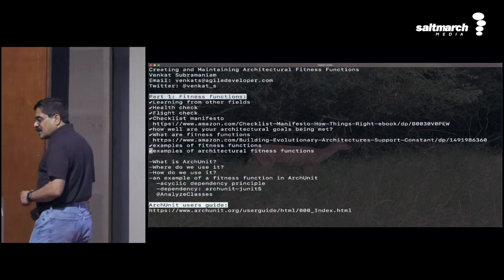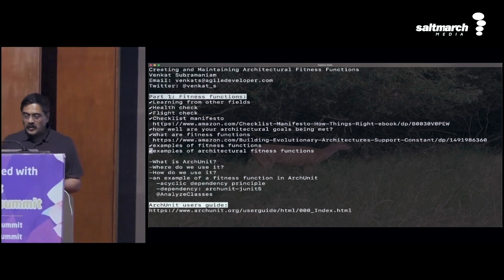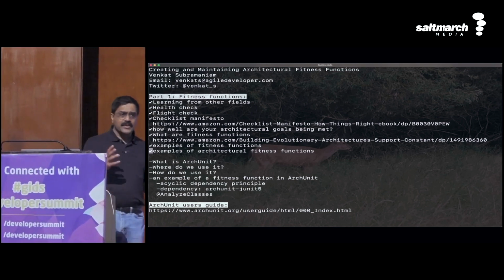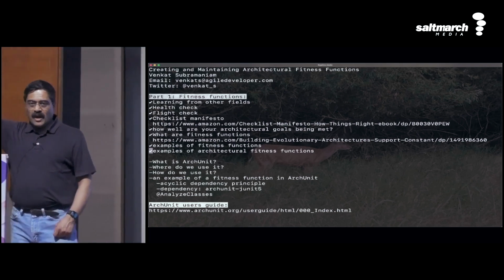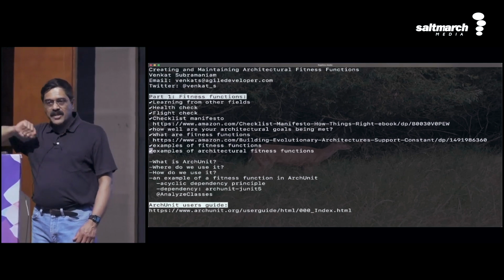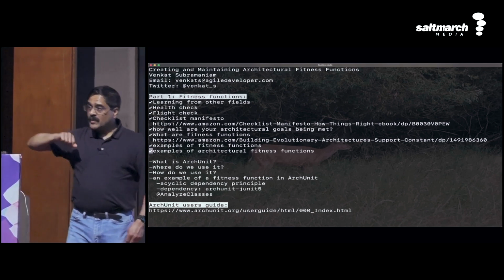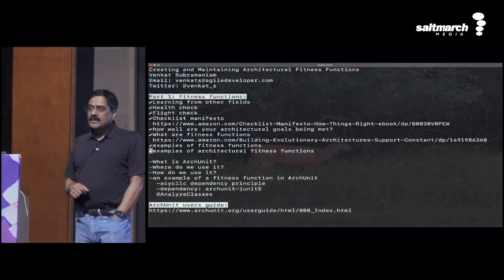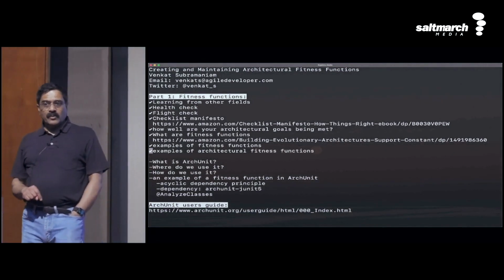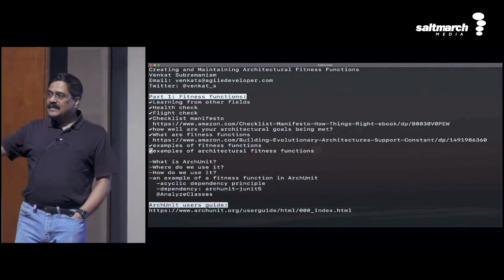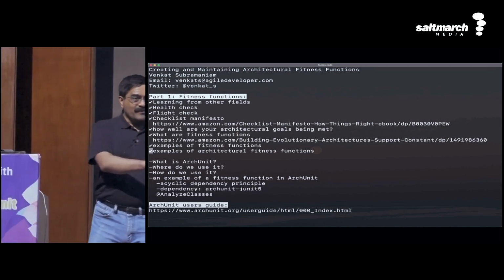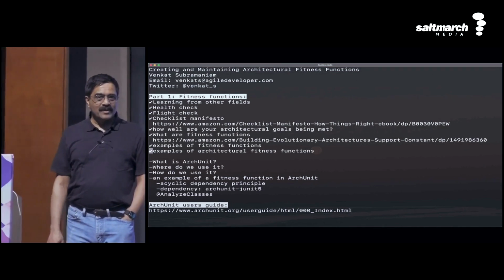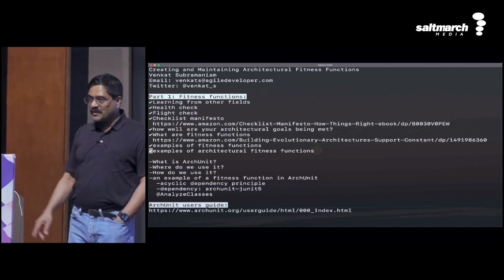So the question is, what can we do to take these constraints? As an example, how do I say my controller doesn't talk to the repository directly? I was working with a team, one of the developers said, hey, I want to know that only these kinds of exceptions are thrown from this layer of the code, and no other kind of exceptions are thrown.